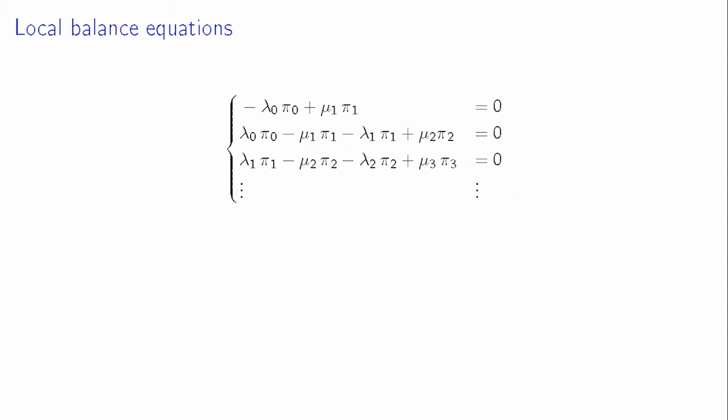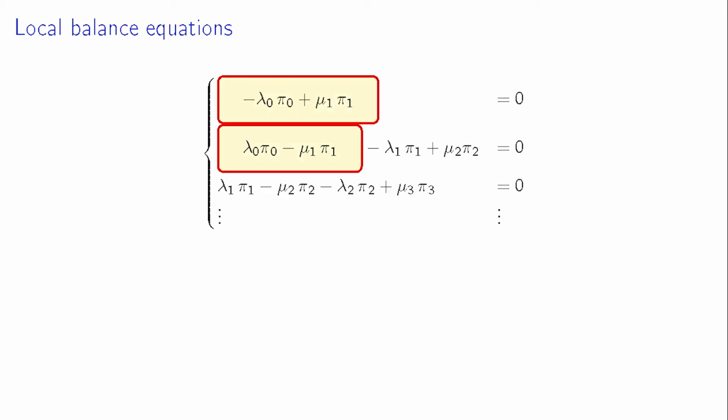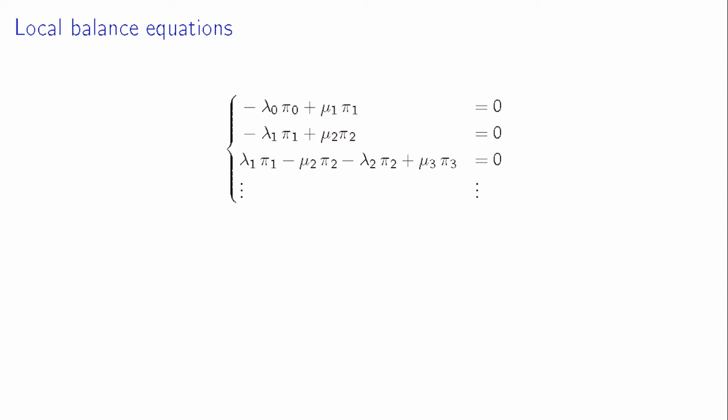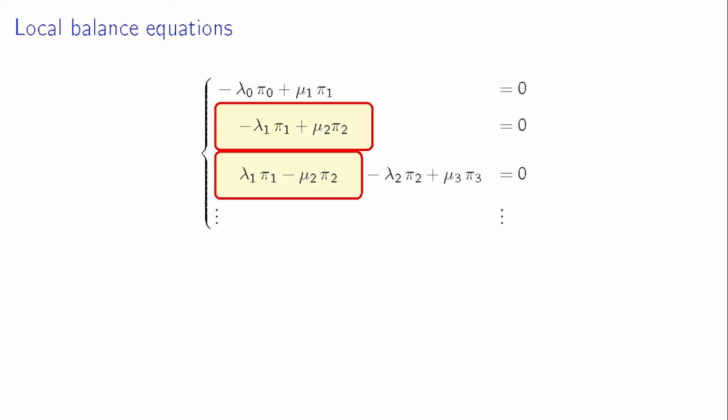We see in line 1 that minus lambda 0 pi 0 plus mu 1 pi 1 is 0, but we notice that in line 2 we retrieve this very same quantity up to a change of sign. So we can replace this block in line 2 by 0. And line 2 now becomes minus lambda 1 pi 1 plus mu 2 pi 2 equals 0. But once again, this block appears almost as it is in line 3, so we can again remove that block from line 3.